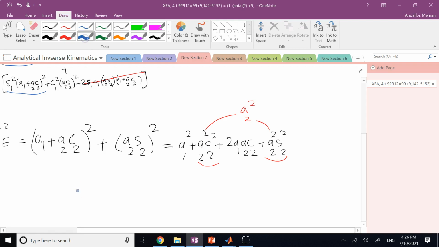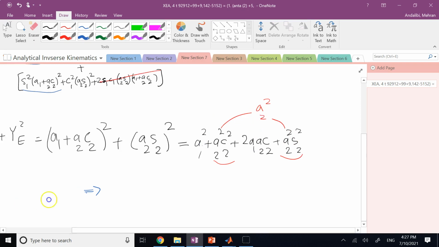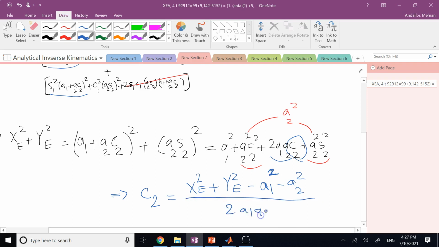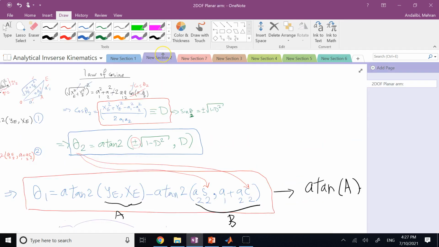And then all you need is to take a1 and a2 to the other side, subtract them from x and y, and divide both sides by 2 a1 a2 to get c2. If you do that, you will get exactly the same formula that we had last time, which is exactly this here.